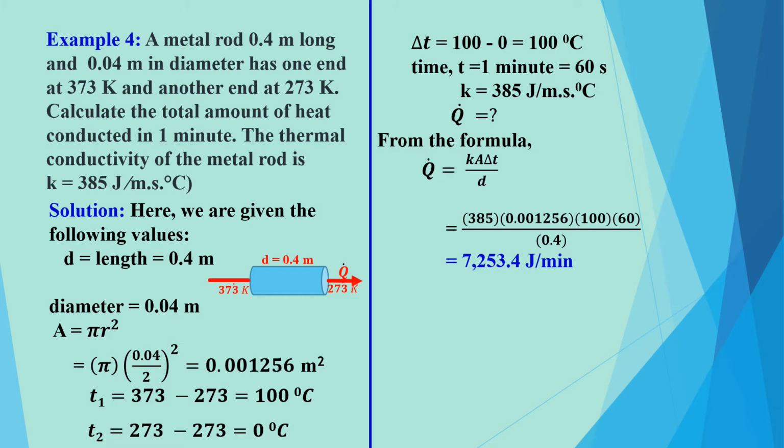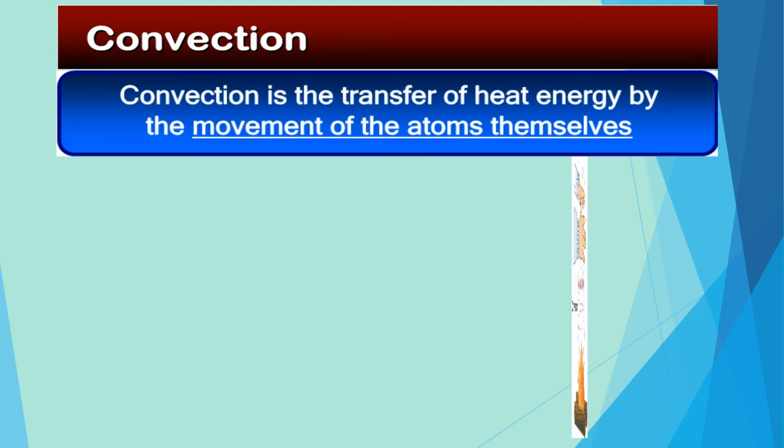And the value, therefore, of the heat conducted in 1 minute is 7,253.4 joules.